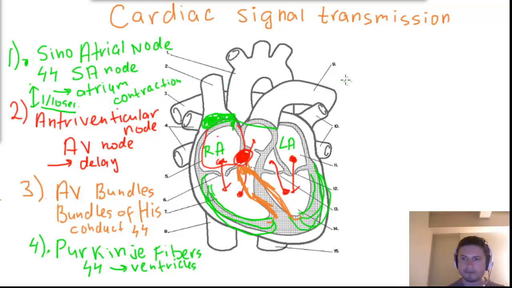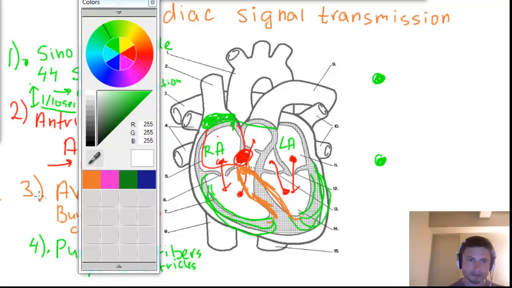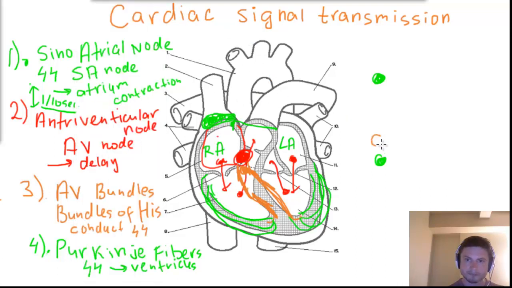So just to repeat all this, let's draw our traffic lights. Green, then orange, and then red.